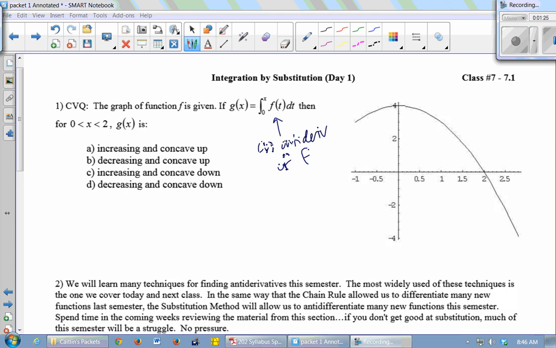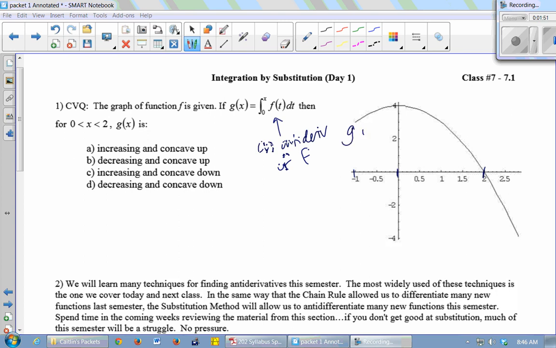So g is an antiderivative, so we can look at the sign and the increasing or decreasing behavior of f. We're only looking at 0 to 2. From negative 1 to 0, f is positive, which means its antiderivative is increasing.